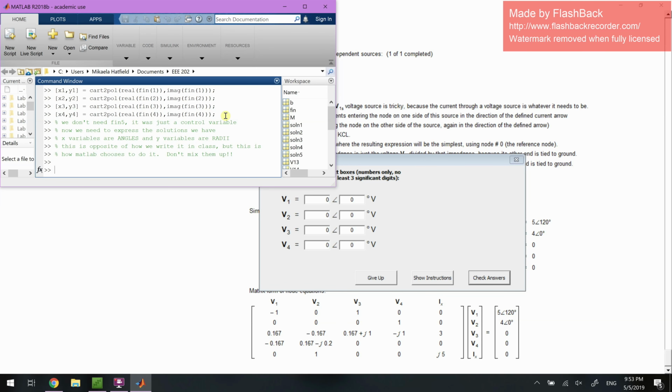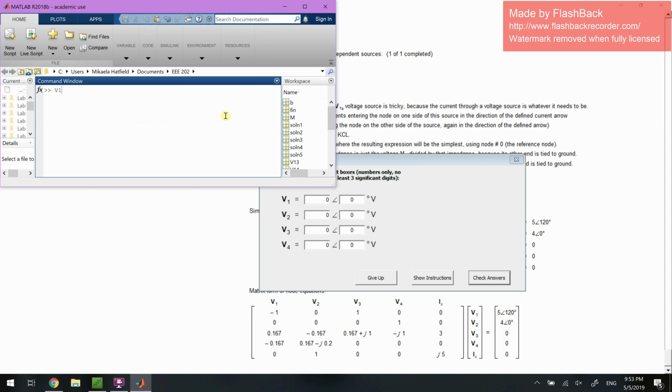And you can see this in text where on screen I've copied it for all 4, v1, v2, v3, and v4. So now to print this out, all you have to do is remember that the radius is the y variables and the angle is the x variables. And you're going to have to take the angle and multiply it by 180 over pi to convert it to degrees.